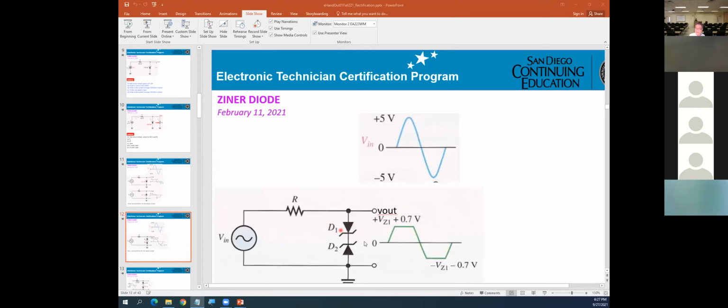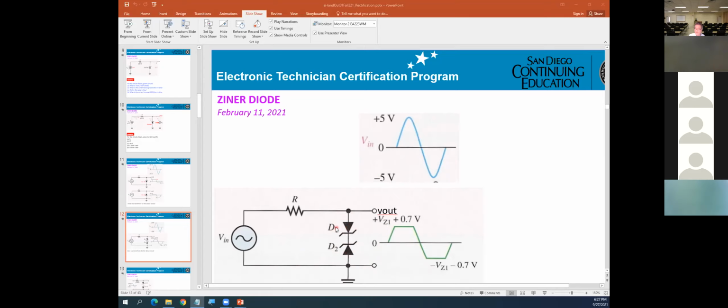Okay, on that one, same thing. That means you get to 0. So on the positive, this guy will be turned on, and on the negative, this guy will break down. So that's why the signal coming out will be VZ plus 0.7. The thing is, when one breaks down, the other will be on normal, like we already showed you.